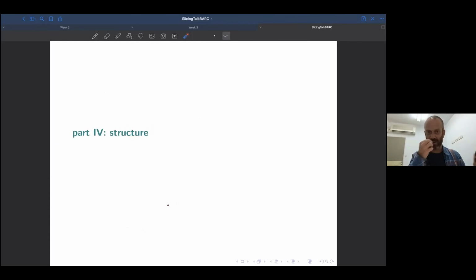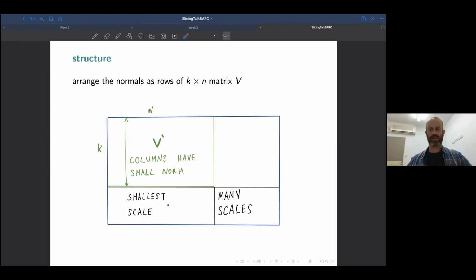The next part is to identify some structure in this mess. And this is the slide about the structure. So this matrix has k rows, k is the number of normal vectors, and n columns. And the rows are the normal vectors.